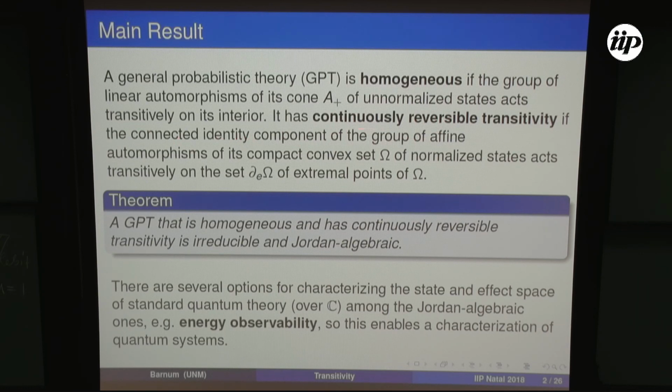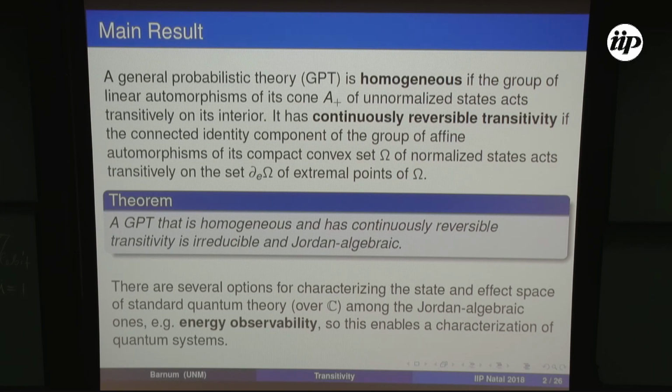So if the connected identity component of that group acts transitively on the set of pure states, so you can take any pure state to any other pure state reversibly. So in quantum theory, that's true. Any rank 1 projector can go to any other rank 1 projector by sandwiching it between unitaries. Okay, that's continuous reversible transitivity.